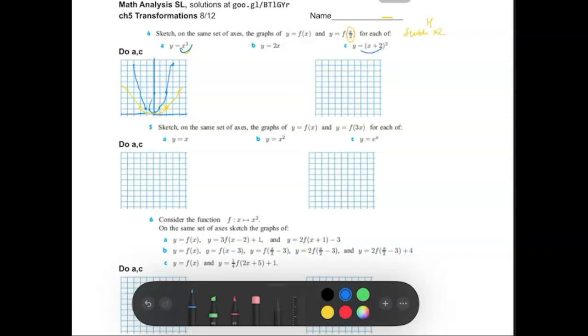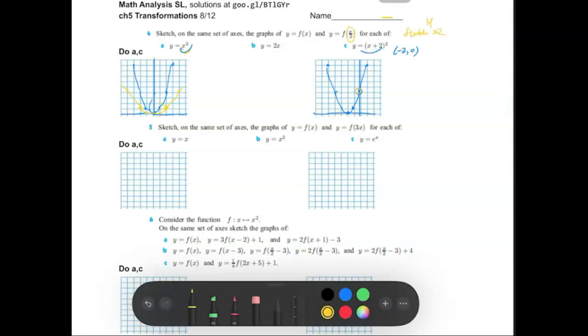So this one is a parabola that has its vertex at negative 2 comma 0, right? So the original parabola looks like this. And then the stretched parabola in the horizontal direction, remember, the anchor point is the point that is on the y-axis. This point is not going to move.